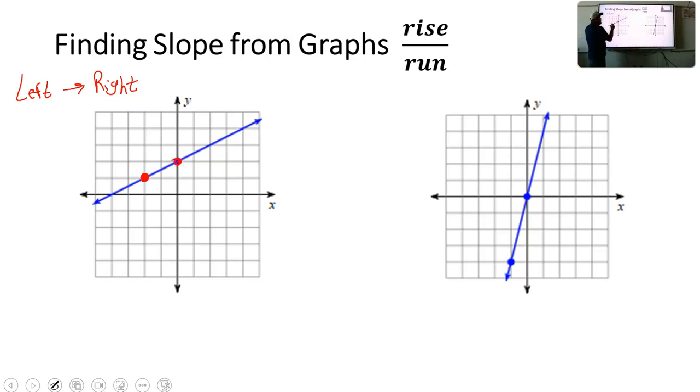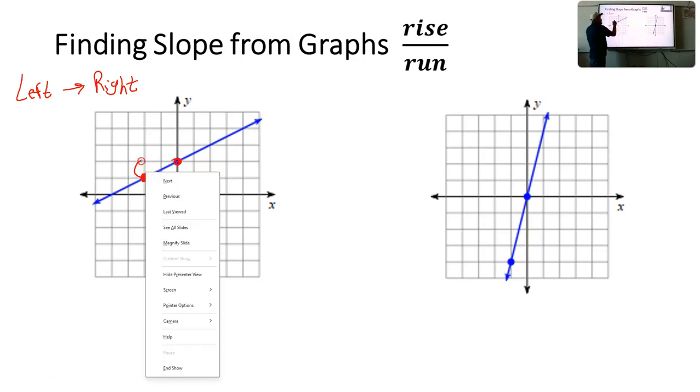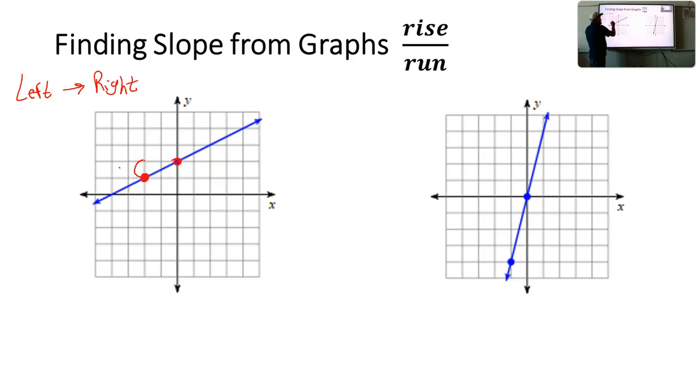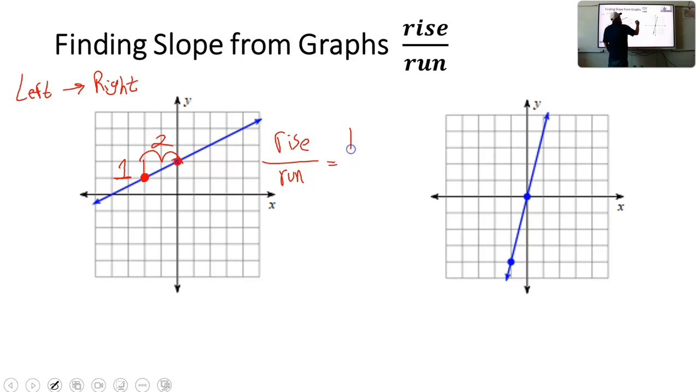So the rise, how much do I go up? I go up 1. So my rise is 1. And how far over do I go? I go 1, 2. My run is 2. So rise over run means I have a slope of 1/2.